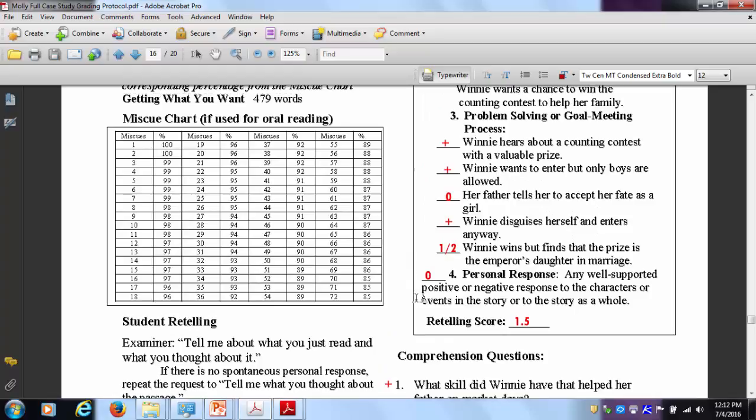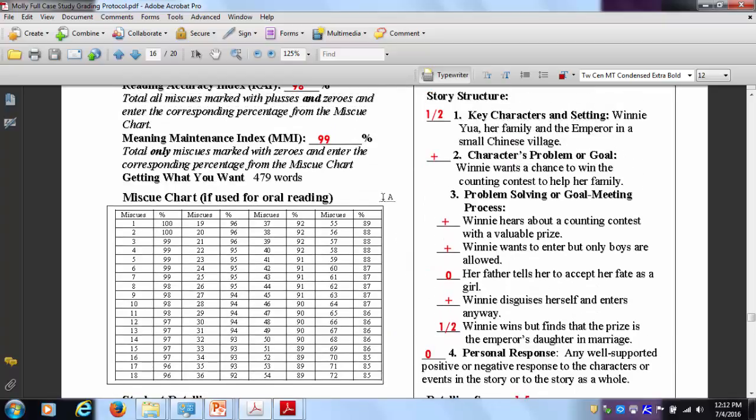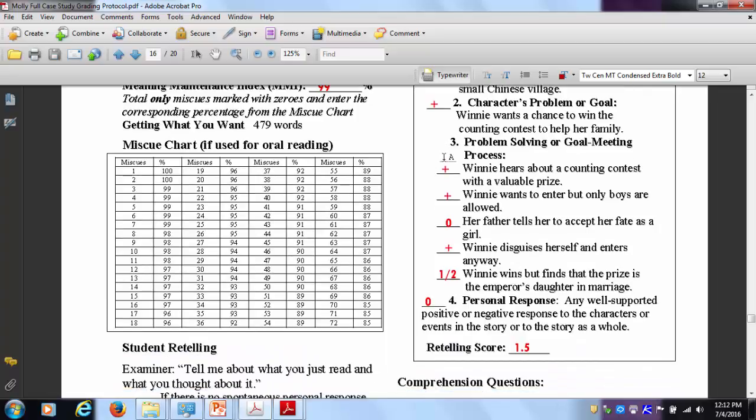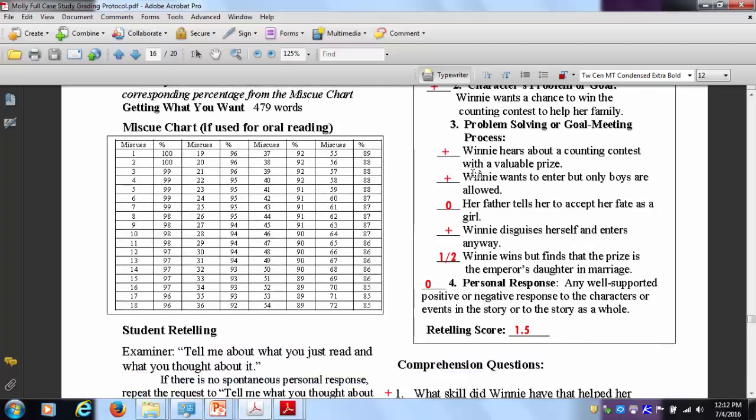But let's go through our scoring. Here, what she has is herself and her family, but there's no real reference to the emperor and what the emperor is giving as the prize. We know that about her problem is counting, so we give a plus. She hears about it plus. She wants to enter, but only boys.